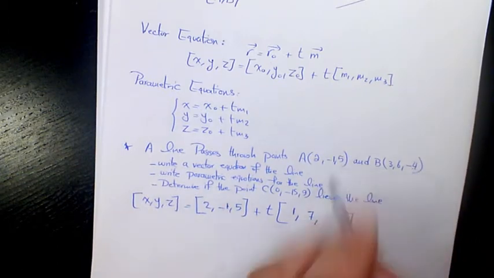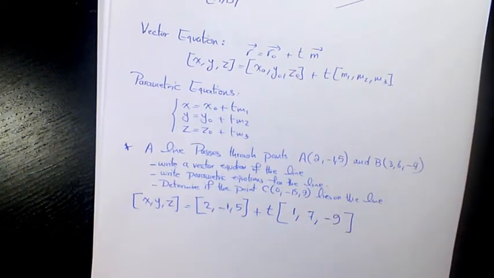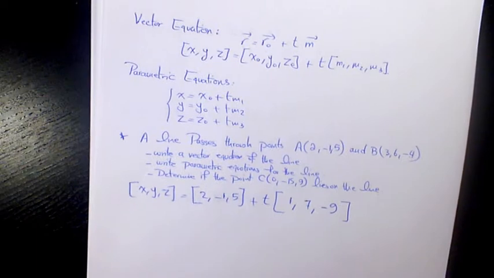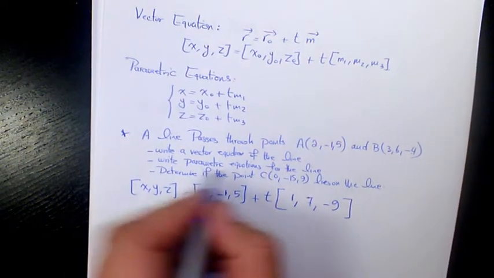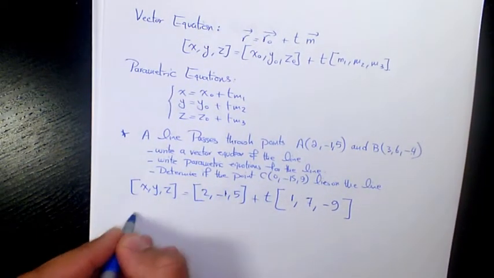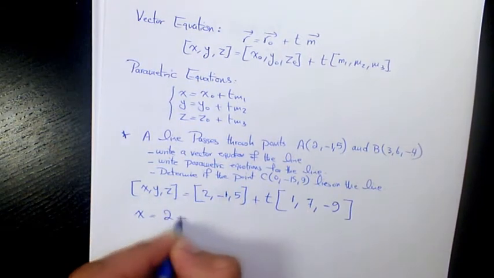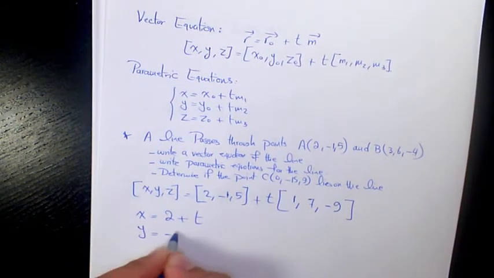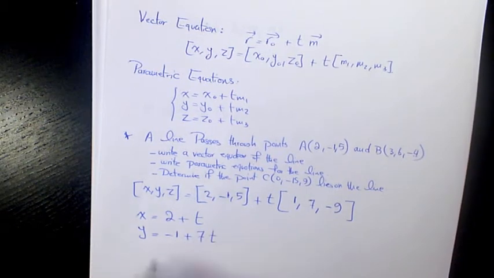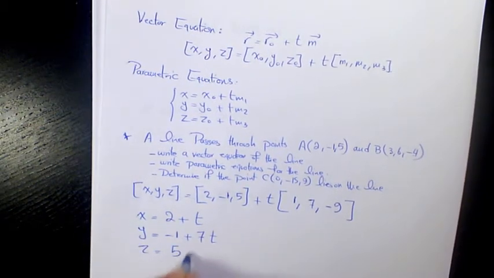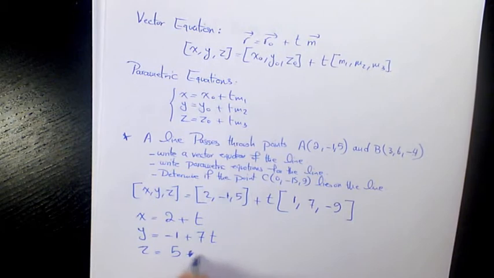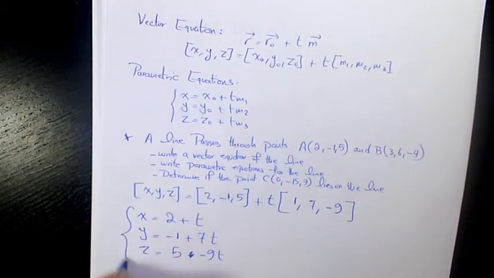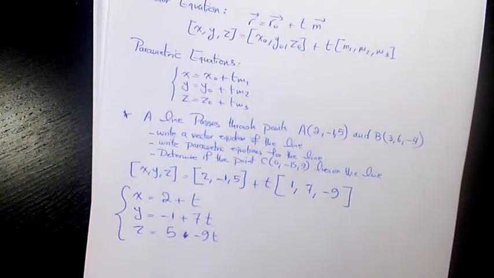Negative 4 minus 5 is going to be negative 9. We can write it like that. If we want to write in terms of parametric equations, we can say x equals 2 plus t, y equals negative 1 plus 7t, and z equals 5 minus 9t. That's going to be the equations.